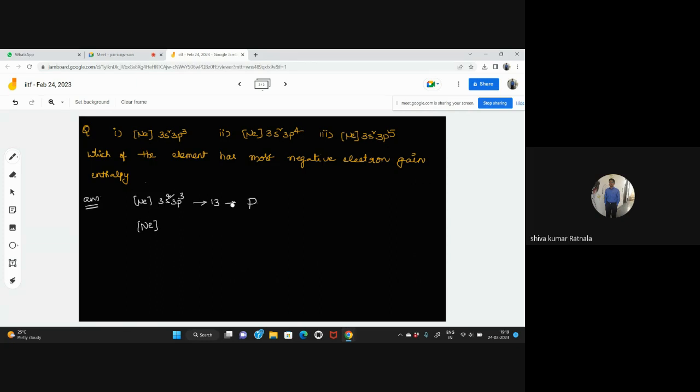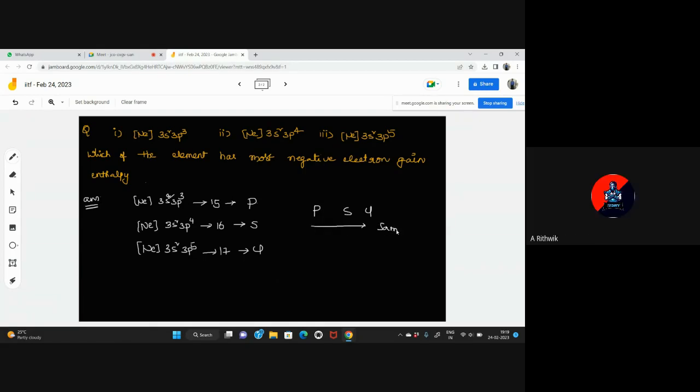So phosphorus only. And neon core 3s2 3p4 is sulfur, 16. Sorry, I had written 13, sorry, 15. And neon core 3s2 3p5 means 17, the chlorine atom, no?